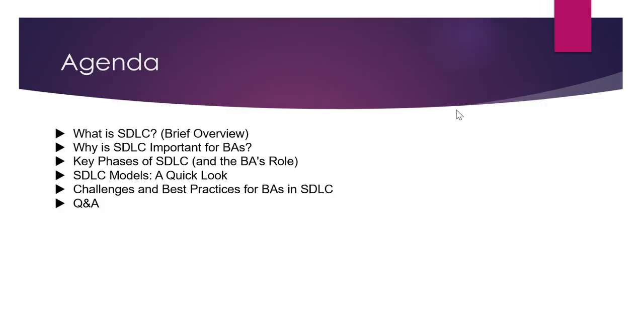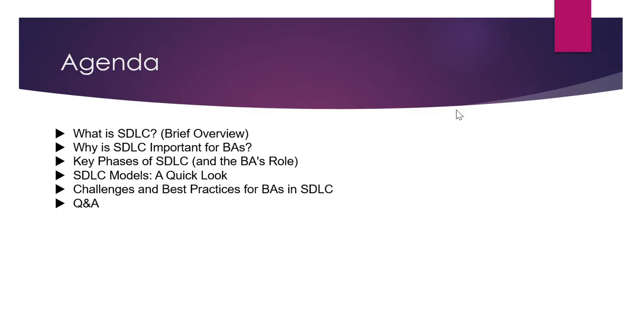The agenda of this video is to give you a brief discussion about what the SDLC is, why SDLC is important for the business analyst, and each stage of SDLC. Then the key phases of SDLC: requirement gathering, requirement analysis, design, development, testing, deployment, and the feedback support.